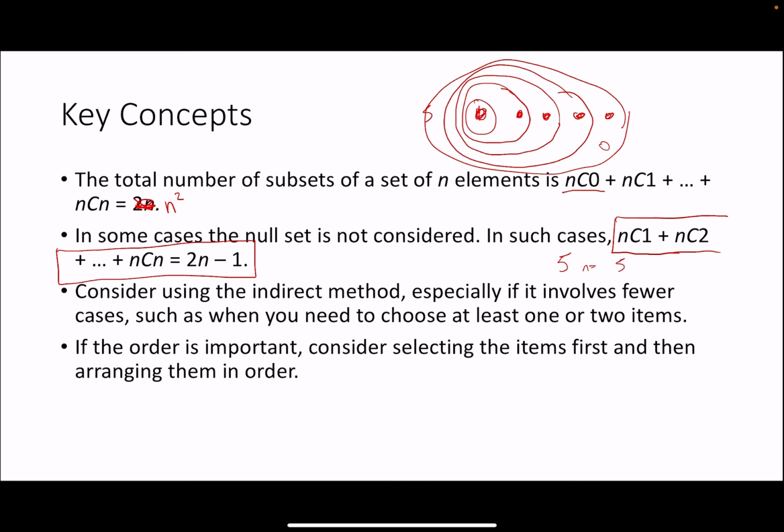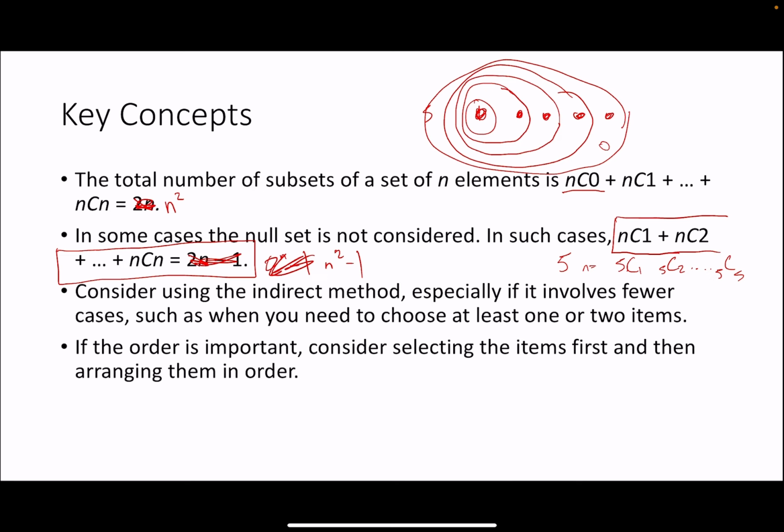We had 5 choose 1, 5 choose 2, up until we got to 5 choose 5. In which case it's 2 to the n minus 1.